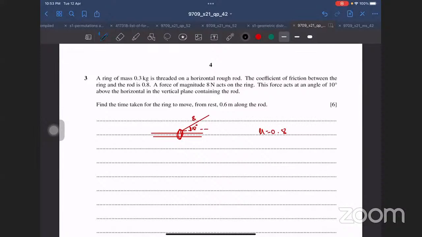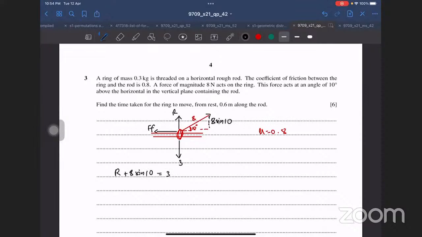So what I'm going to need is the acceleration. So I'm going to draw the forces first. There's R, there's the weight, then there's this 8 newton force, and then there's the friction. If I'm pulling it to the right, the friction must be acting to the left. So let's first find these forces. R plus 8 sine 10 equals 3.